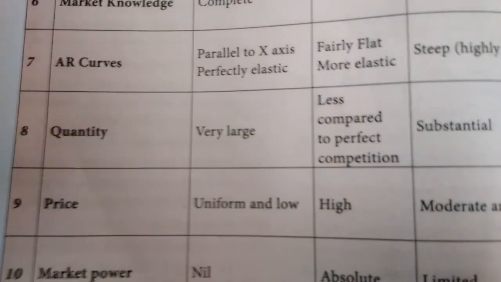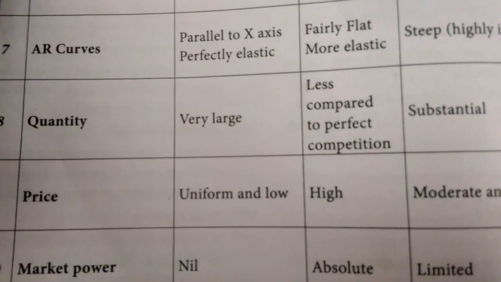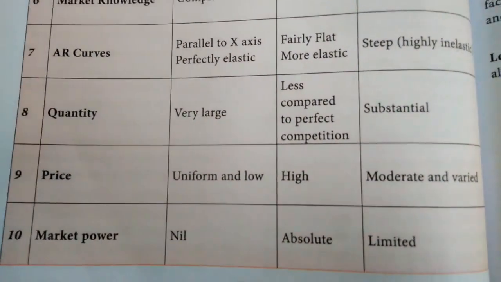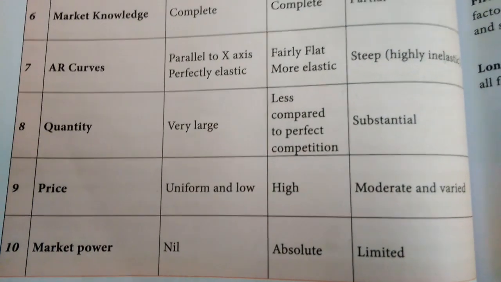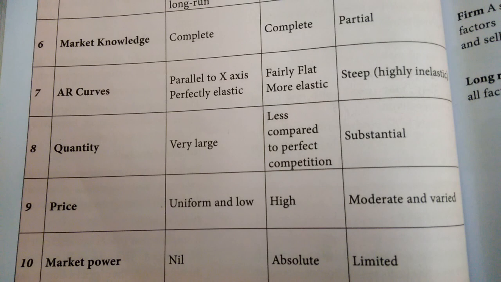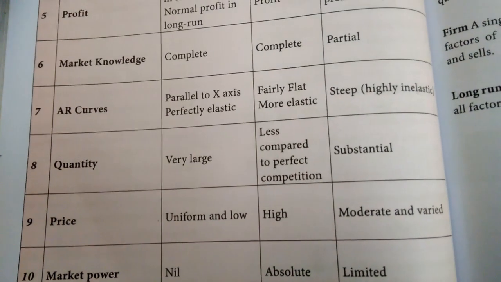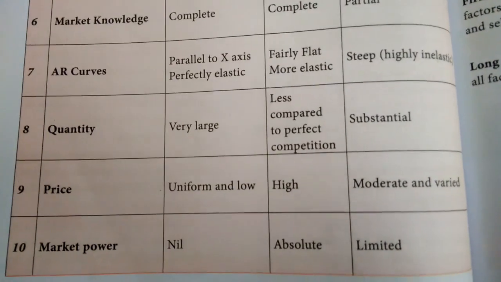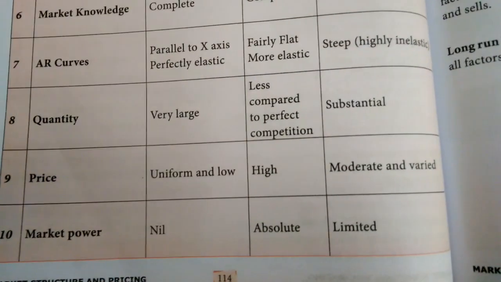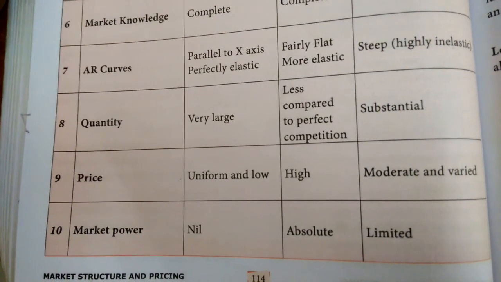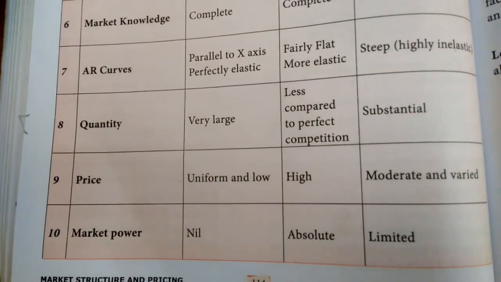Next, quantity. In the perfect competition market, the quantity of production will be very large. In the monopoly market, it is less compared to perfect competition. But in the monopolistic market, it will be substantial. How will the price be determined? In perfect competition, prices are uniform and low.